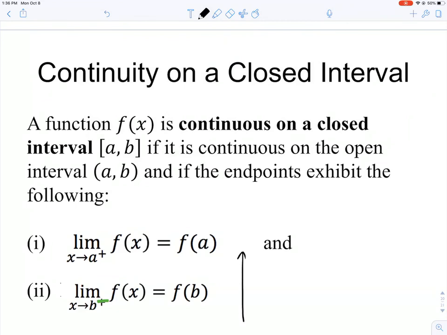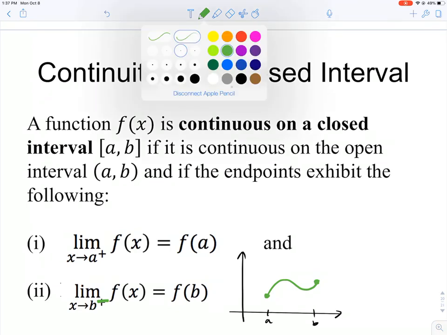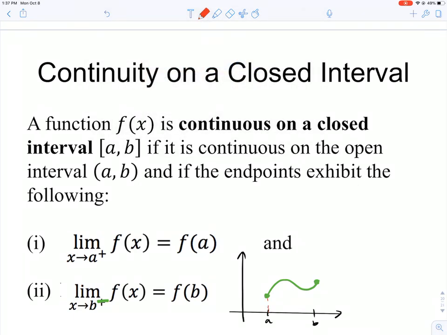So an example picture of that. This would be f of a.